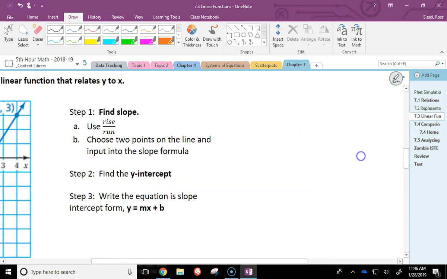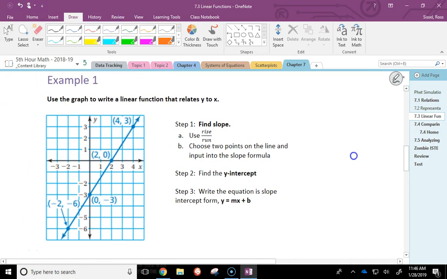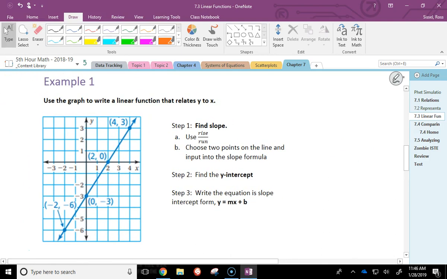So, open up your foldable so we can do number 1 together. The nice thing is, this is already graphed for us, so this should be fairly simple. First we have to find the slope, and there are 2 ways we could find slope.